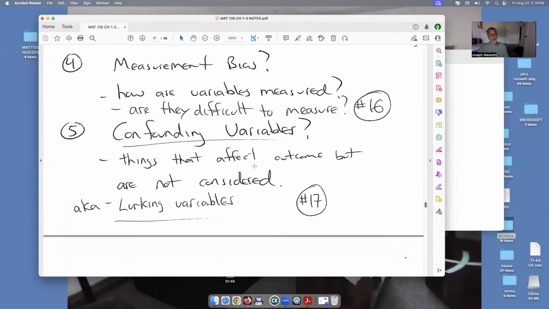And very important is confounding variables. Confounding variables, sometimes known as lurking variables, are things that are going to affect the outcome of your study, but that were not considered. This is tough to control because sometimes you don't realize it until after the study's done. You might look at the results and go, wow, we got these results, and then realize that something else actually affected the study. A famous example of this in some textbooks is a study where green tea was brought to retirement homes, and it lifted the moods of the old folks.